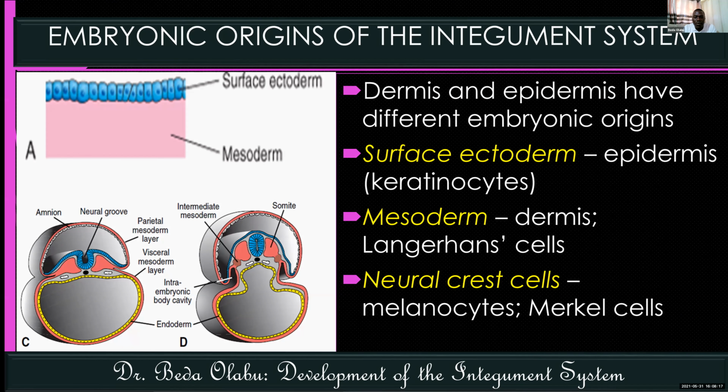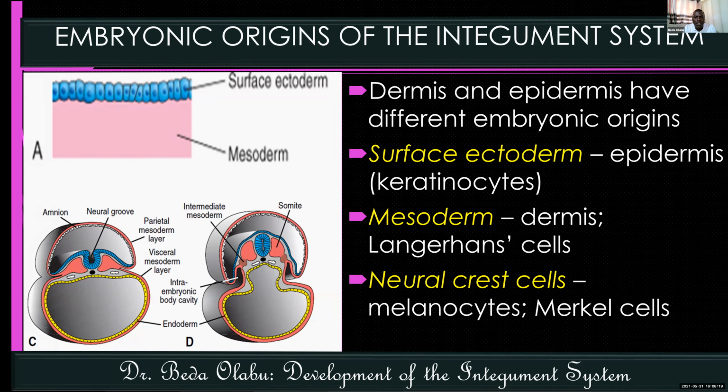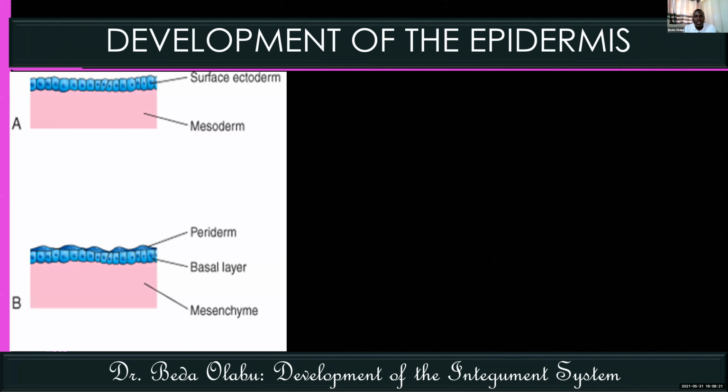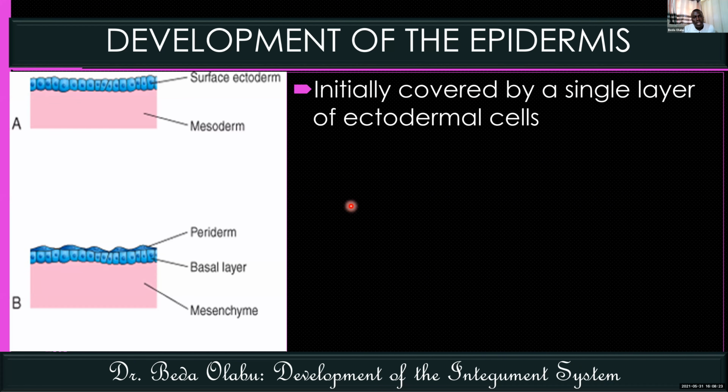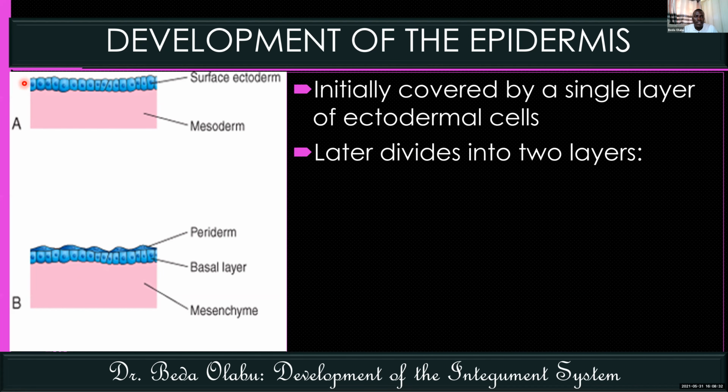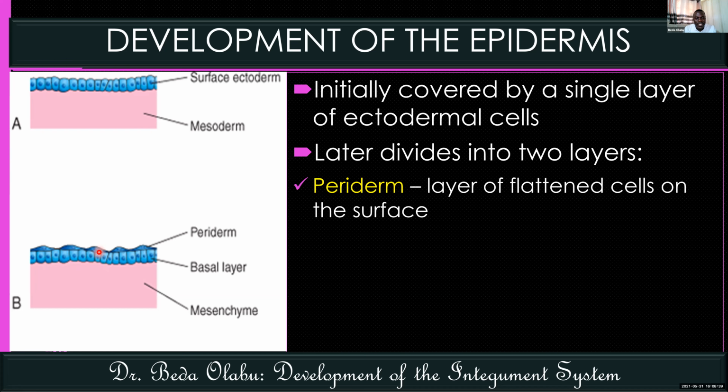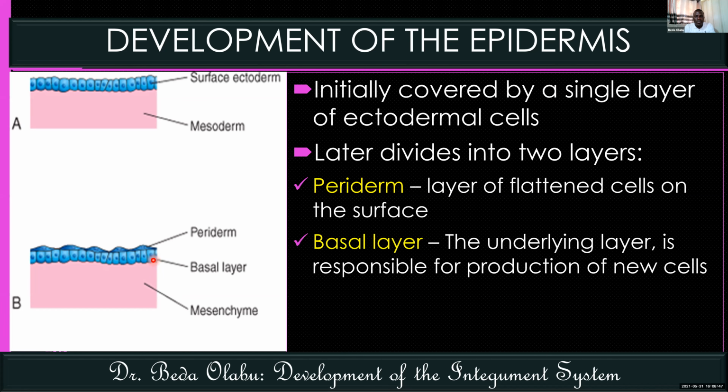So specifically, let's look at how the epidermis and the dermis develop. We will start with the development of the epidermis. The epidermis is initially covered by a single layer of ectodermal cells, which we call the surface ectoderm. Then as time goes by, this single layer of epidermal cells divides into two: an upper layer of flattened cells, which we call periderm, and a lower layer of cuboidal cells, which we call the basal layer.